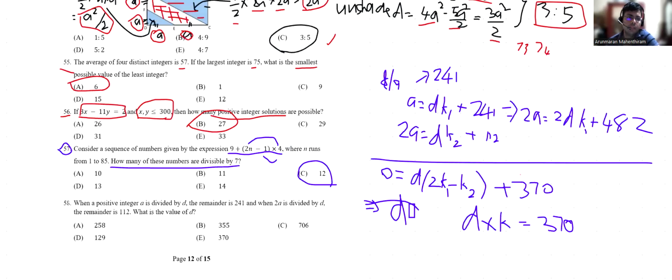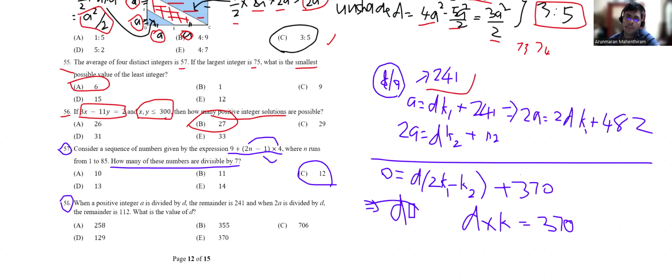Question number 58. When a positive integer is divided by d, the remainder is 241. So here, when a is divided by d, the remainder is 241.